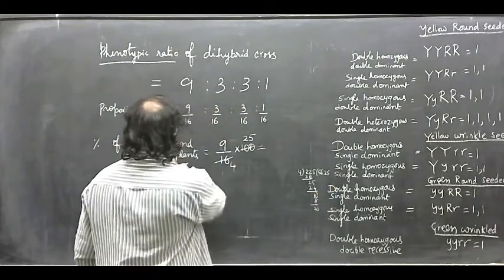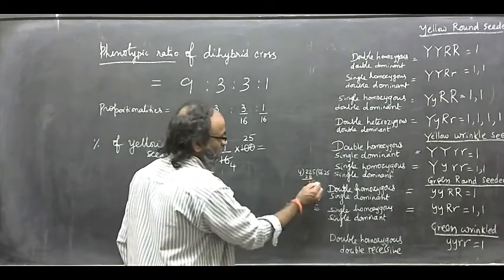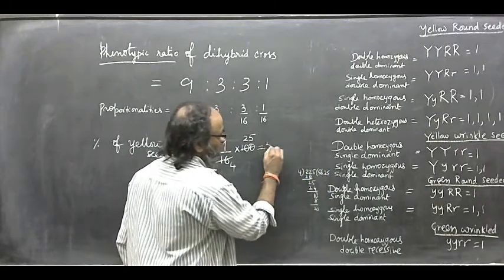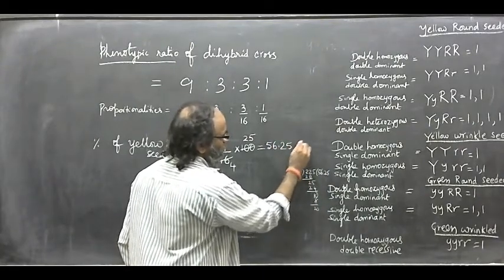Therefore, the percentage of yellow round seeded plants in F2 generation is 56.25%.